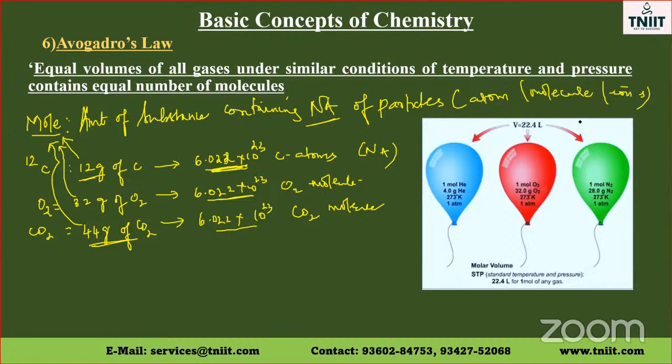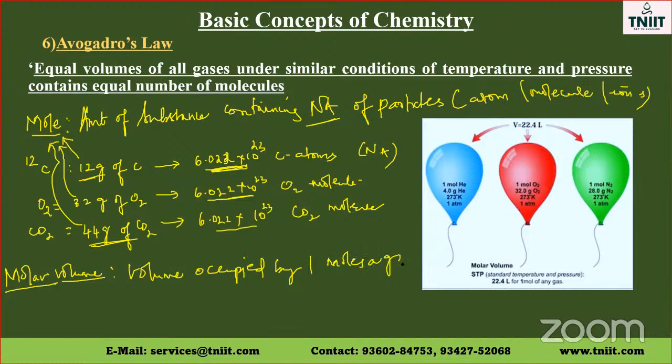Now we have to understand something called molar volume. The next concept you have to understand is molar volume. What is molar volume? The volume occupied by 1 mole of a gas is called molar volume.